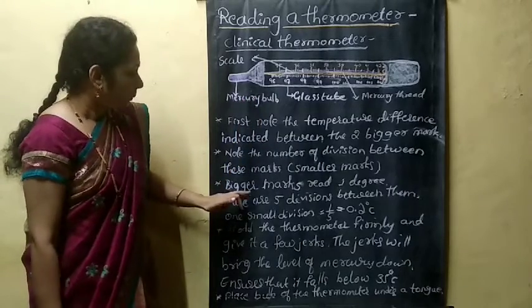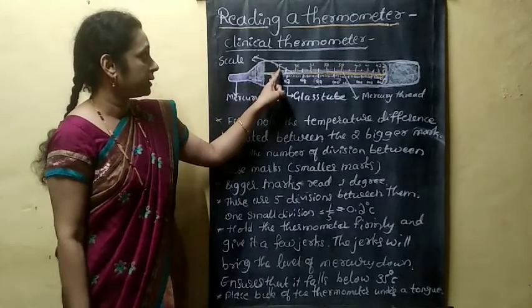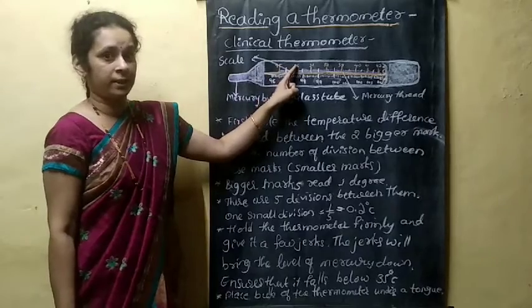The bigger marks read 1 degree. If you consider this bigger mark, it is considered as 1 degree, from 35 to 36, like this, 1 degree Celsius.